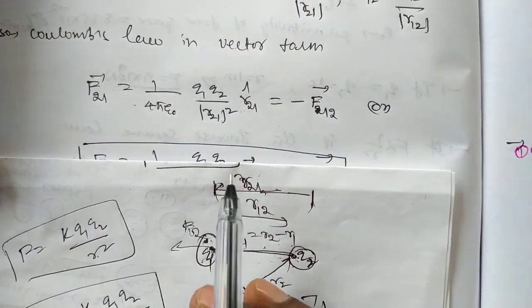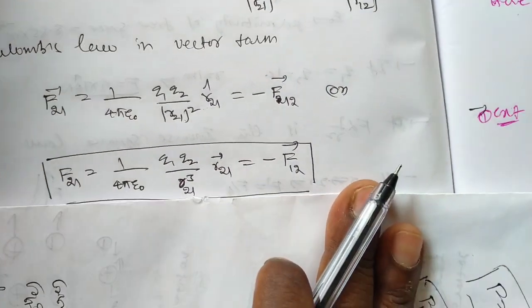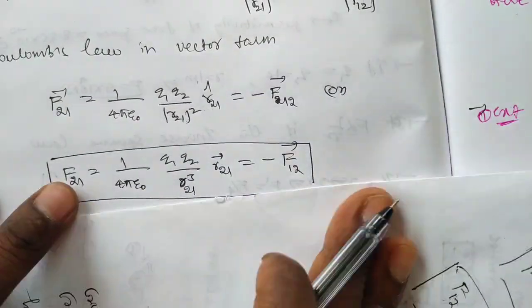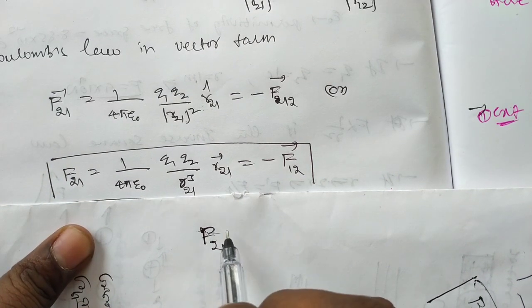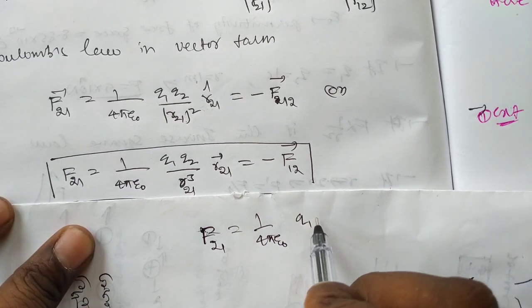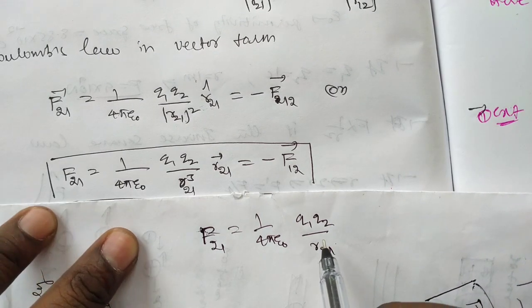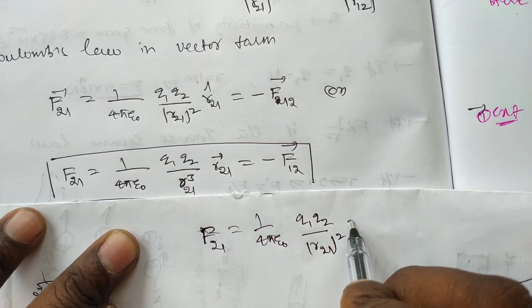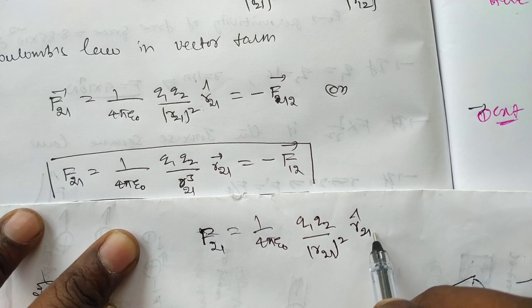In the case of the second charge q2, at the q2 point the force is F21 is equal to 1 by 4 pi epsilon naught q1 q2 by r21 square into r21 cap.